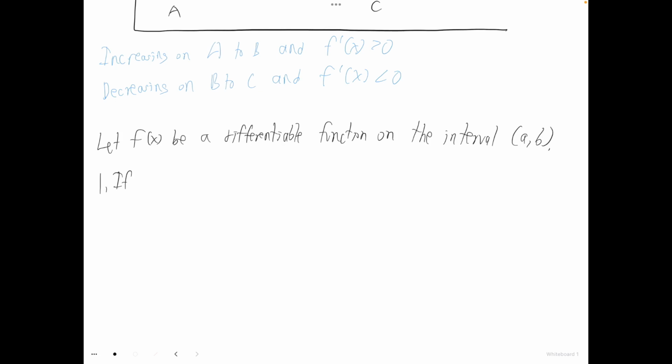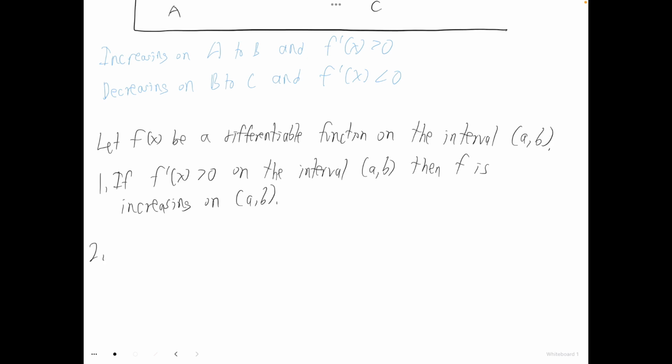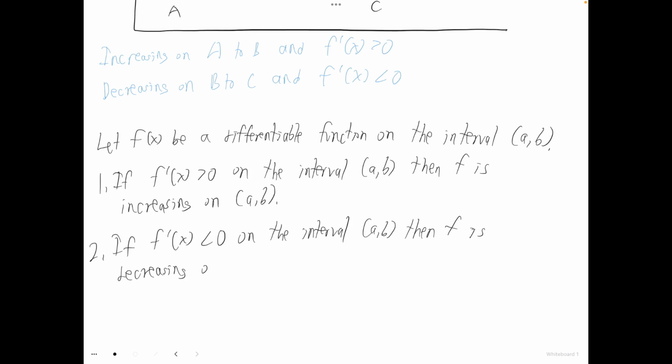So first, if f prime of x is greater than 0 on the interval A to B, then f is increasing on the interval A to B. And second, if the derivative of f is less than 0 on the interval A to B, then f is decreasing on that interval A to B.